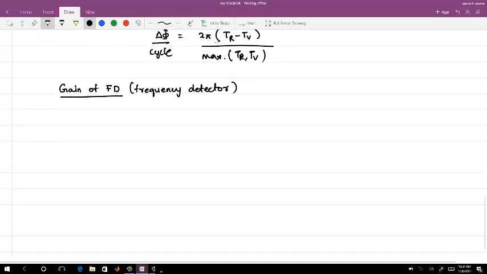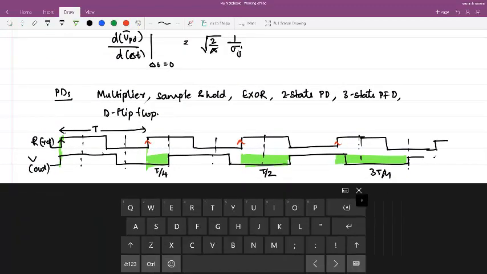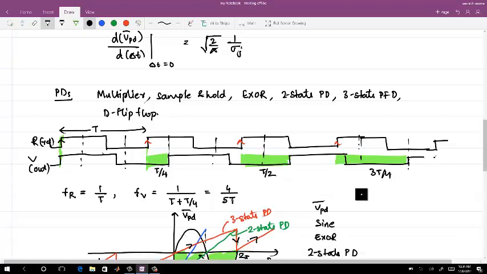Okay, so in the same example, let me start plotting it here. So let's say if this is the case, the R and V, then when your R is high, you will, so now I am using a PFD output which is up and down.